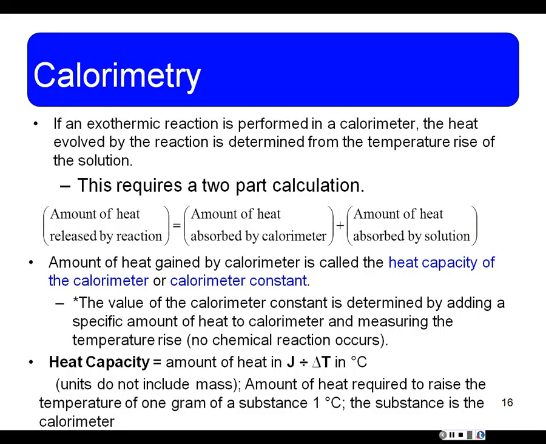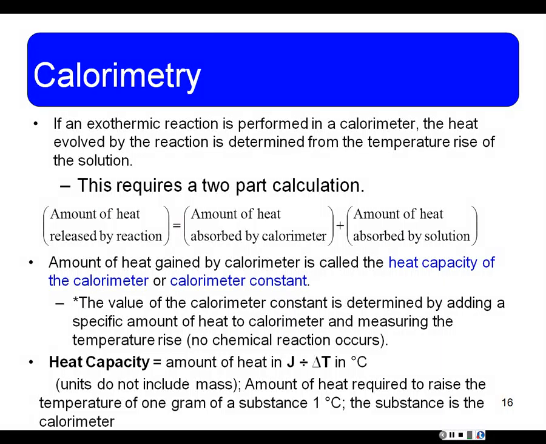These two terms in blue right here are the same thing, the heat capacity and the calorimeter constant. You will see both of those terms used interchangeably. I usually use calorimeter constant. I don't know why that one just comes to my mouth quicker. But we have to know the heat capacity of the calorimeter. When you go to lab on Wednesday, we're going to tell you what that is, so we've measured it already.